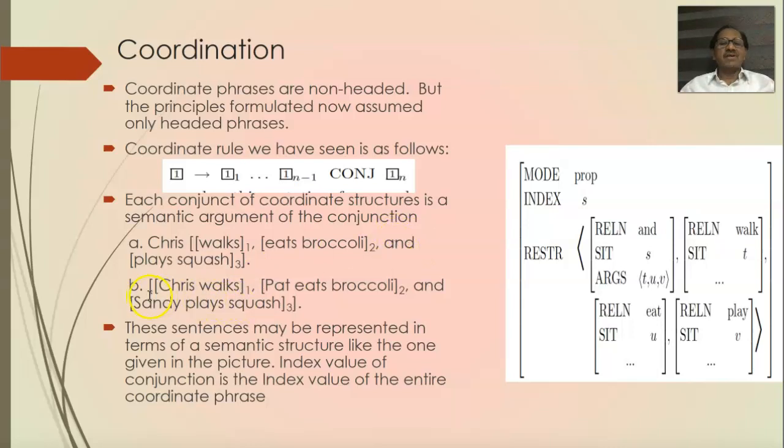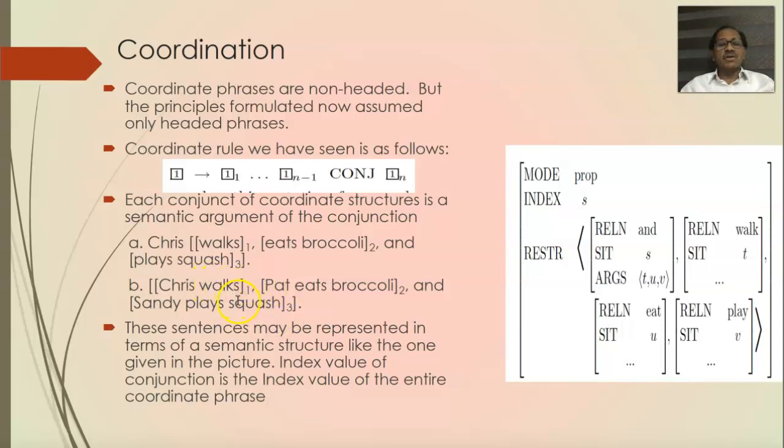Similarly, you can have Chris walks, Pat eats broccoli, and Sandy plays squash. So you have three sentences here. In the previous sentence, we have only VPs conjoined, but here we have sentences which are coordinated. All of them are conjuncts, and each one is an S or a sentence.